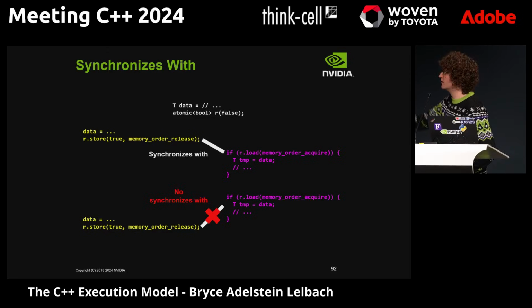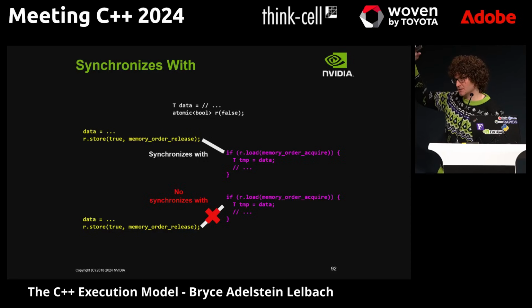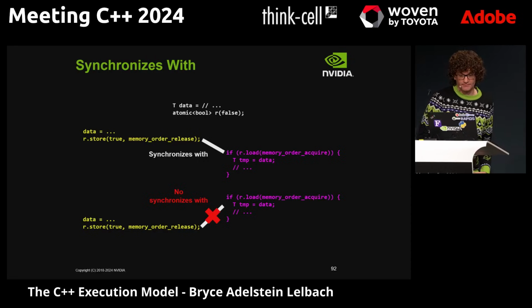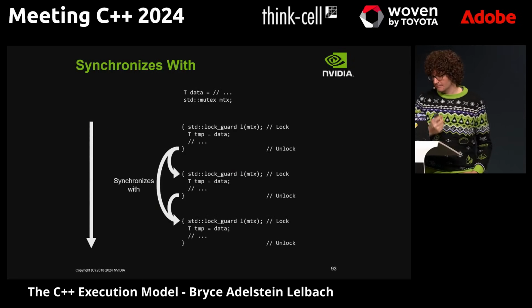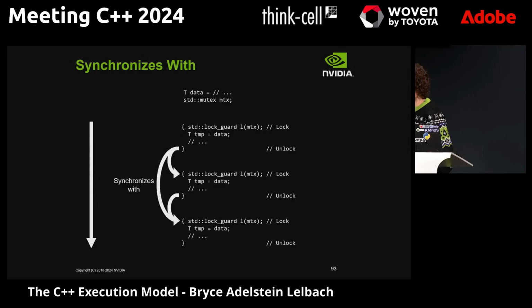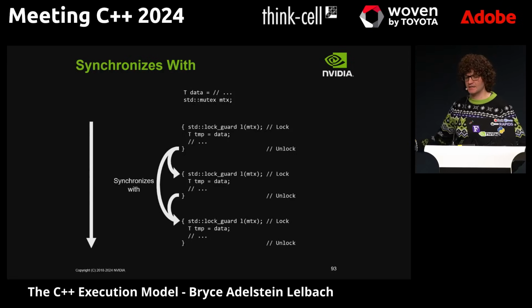So the store has to happen first, starting the synchronizes with relationship, and then the load has to see it, and then you've achieved synchronizes with. So another example: mutex unlock operations will synchronize with all subsequent mutex lock operations.